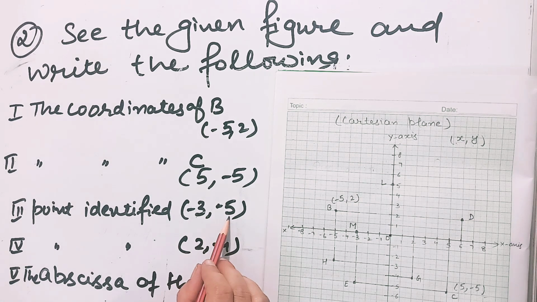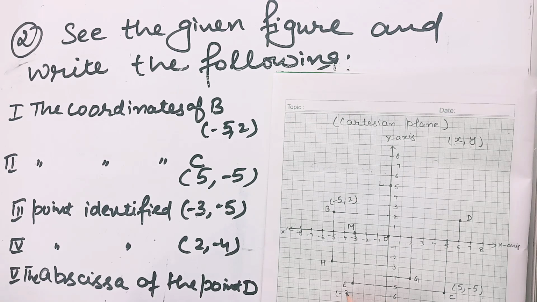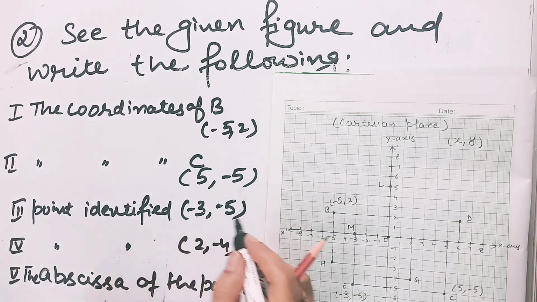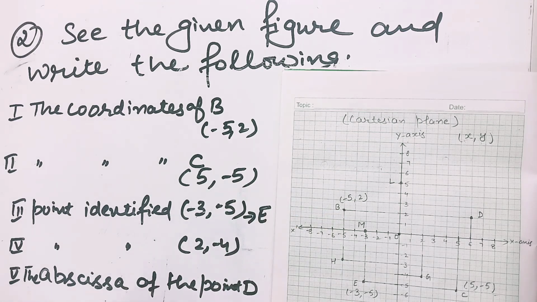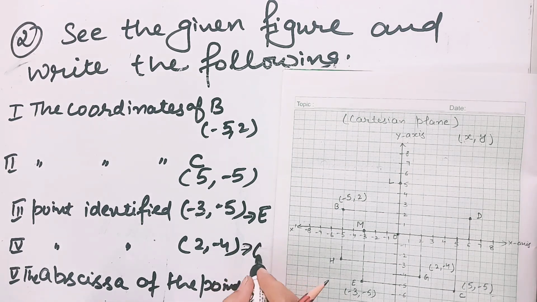X is -3 and y is -5. Where is it? Here. These coordinates lie on point E. Next, (2, -4): x is 2 and y is -4. That point is G.